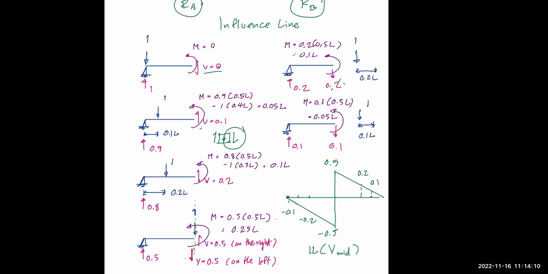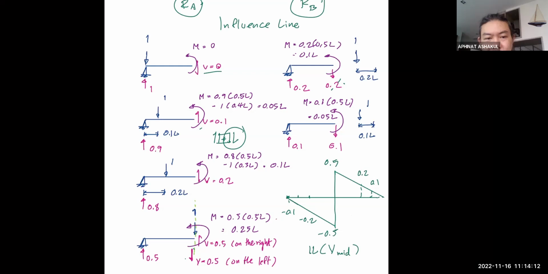Hope so, right? Actually, everything here is what we have been doing so far from statics. We just place the load and then cut the free body diagram and calculate. What we do here is we just extend this knowledge slightly further by putting all this information together and create another graph that we now call the influence line.